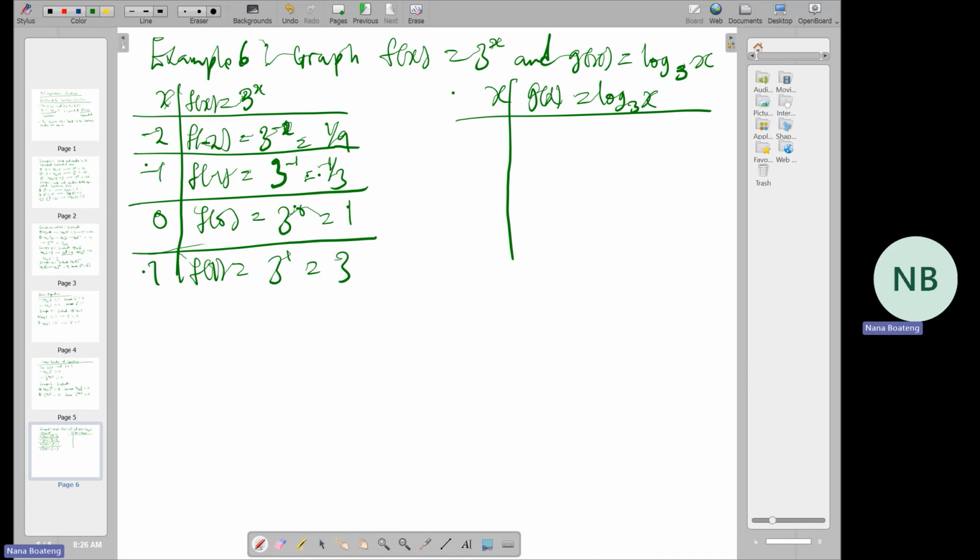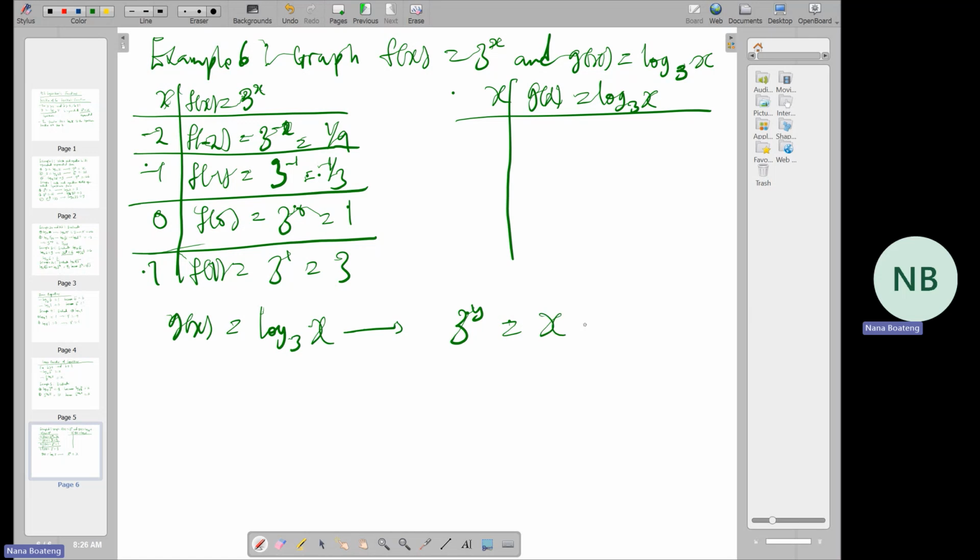So g of x is equal to log to the base 3 of x. This is equivalent to the exponential form 3 power y is equal to x.